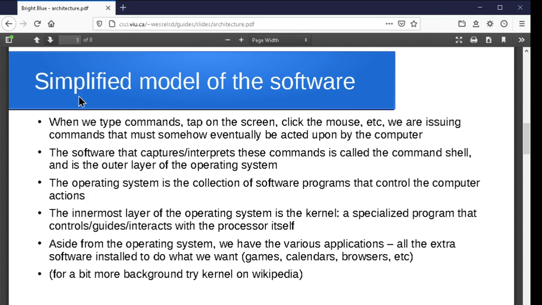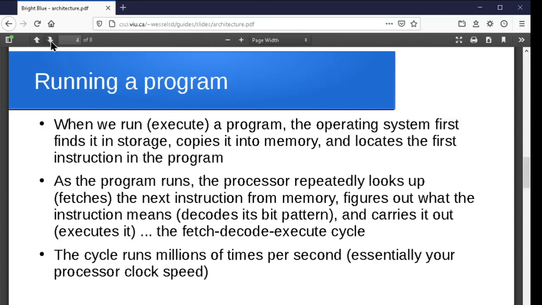And then you've got a collection of other applications, all of the extra software that we've got installed that can be fired up to do specific tasks for us, the games, the calendars, the browsers, the email, whatever it might be. So again, if we've got this layered view of how the software is working with the hardware, that'll help us when we get to talking about compilers and other fun and wonderful programs.